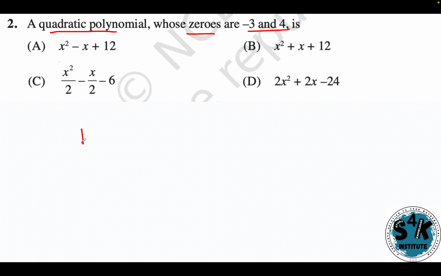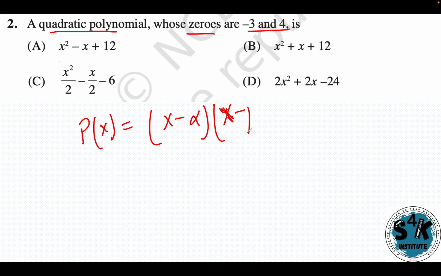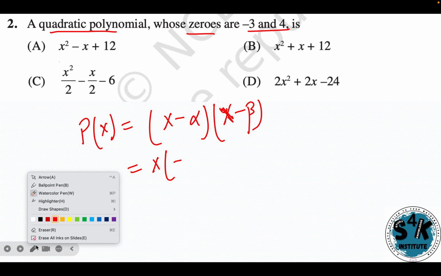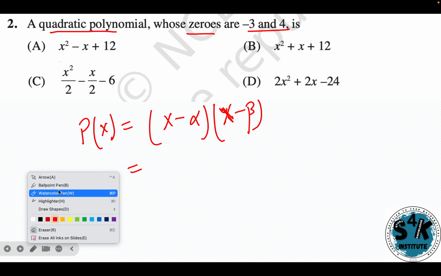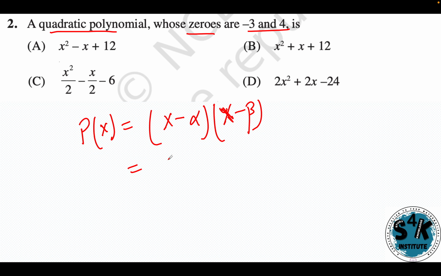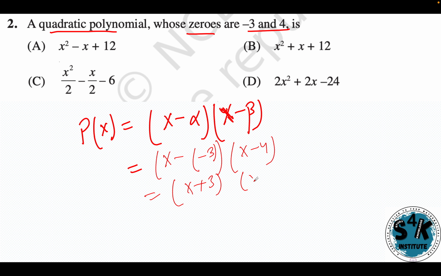Now a quadratic polynomial whose zeros are these. You know how to convert, you remember x minus alpha and x minus beta. So what is alpha here? x minus of minus 3 and x minus 4. You will simplify this: x plus 3 and x minus 4.